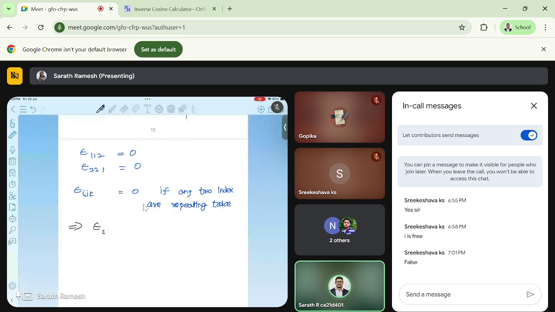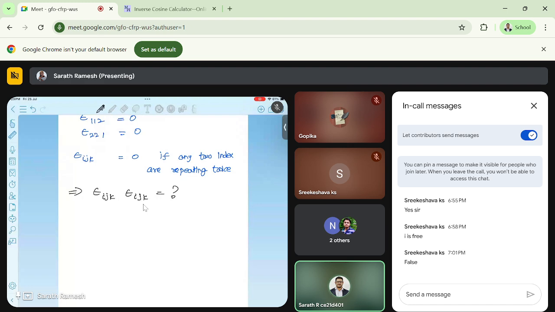So let's expand it. First I am going to expand i alone. 1jk plus 2jk plus 3jk. Okay, done. Now in the first term again there are two dummy indices, j and k. In the first term I am going to expand j alone first.